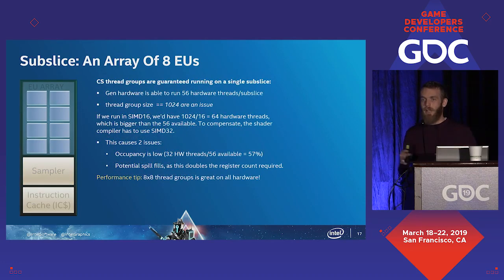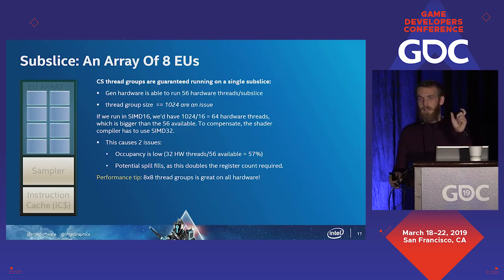Another particularity of the subslice is that when you dispatch compute shaders, they're guaranteed to run on a single subslice. And why is that a problem? Well, in case you're using really big thread groups, such as 1024, they might not fit into the subslice.